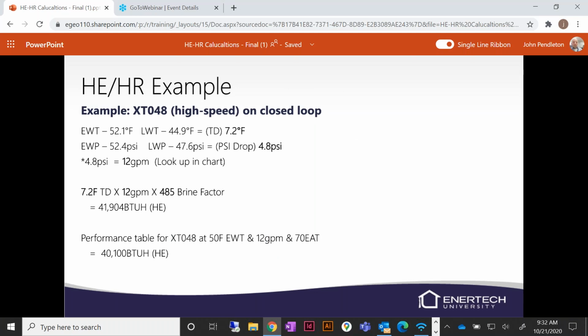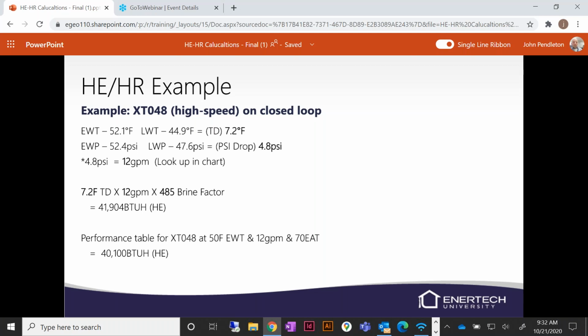So here's an example of our heat of extraction. If we know we've got a 7.2 degree temperature difference, we've got an entering water pressure of 52.4, leaving at 47.6, so you have a 4.8 pressure drop.